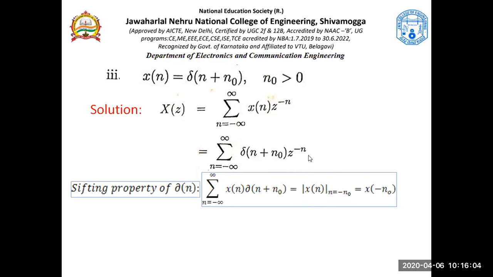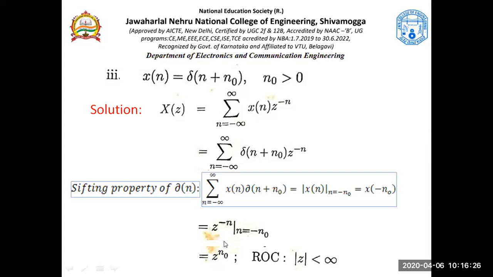So what would this z to the power of minus n become? z to the power of minus n at n equal to minus n naught would become z to the power of plus n naught. So z to the power of plus n naught can become infinite, it would become infinite when z equal to infinity. So that is not your ROC. What is ROC?